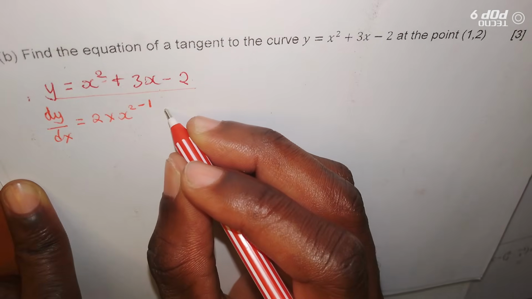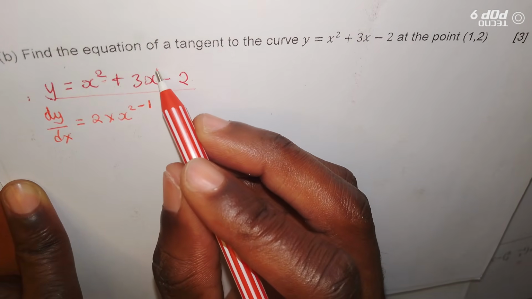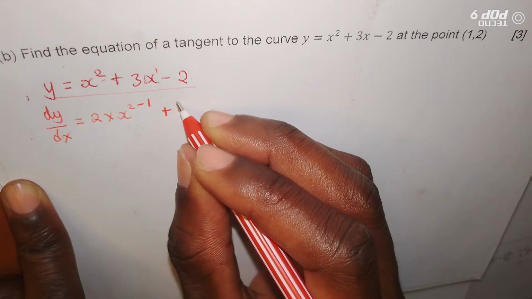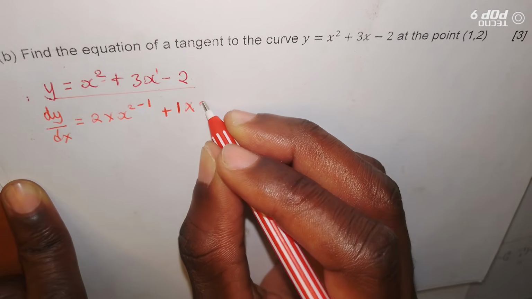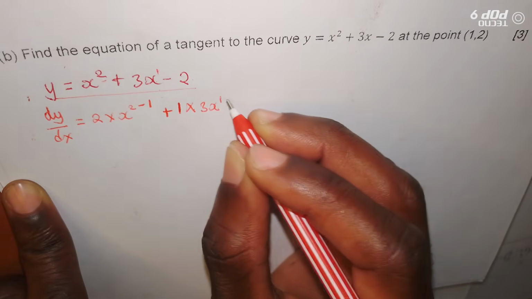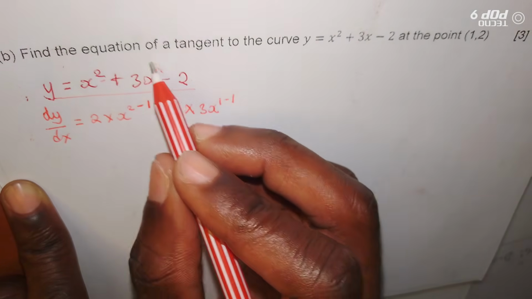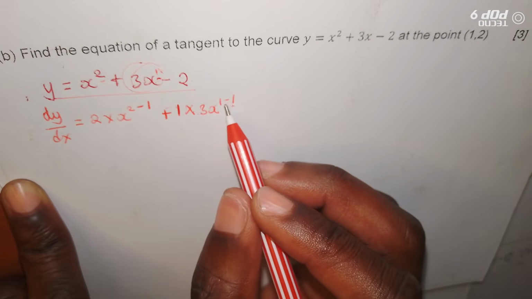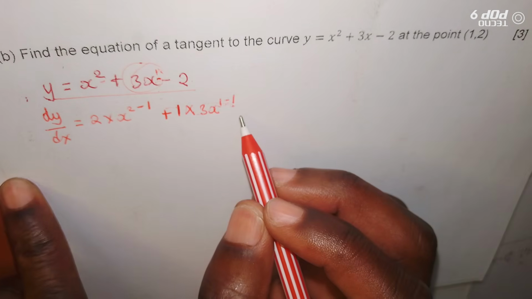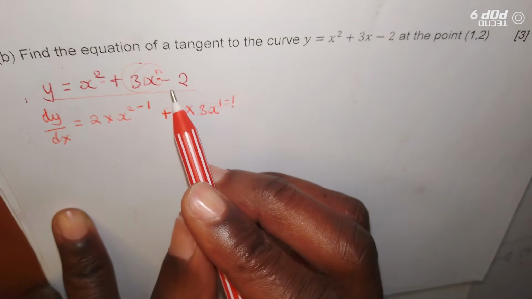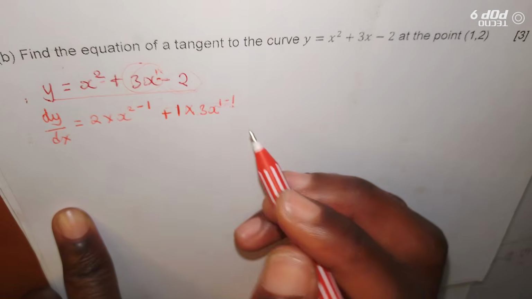Then plus, we have 3x, meaning that this x has a power of 1, so 1 becomes the multiplier: 1 multiplied by 3x to the power 1 minus 1. Now what is dy/dx of a constant? dy/dx of a constant is 0.